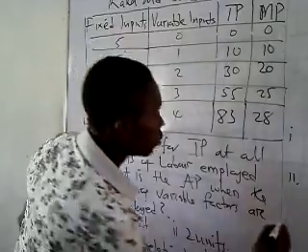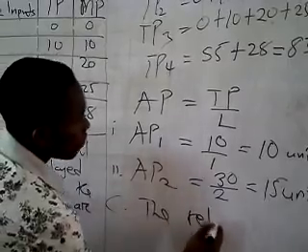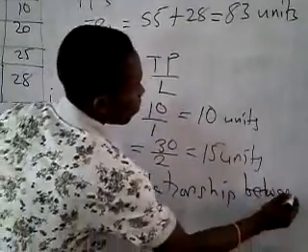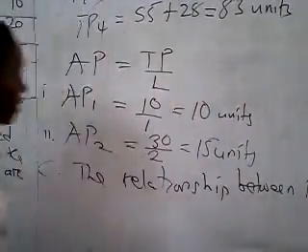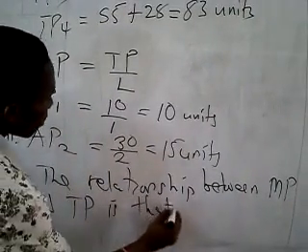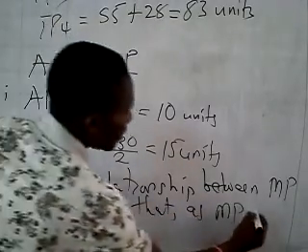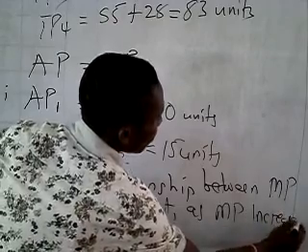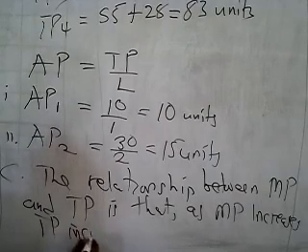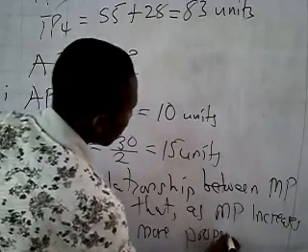So let me put it down for you. See, the relationship between marginal products and total products is that as marginal product increases, total product increases more than proportionate.